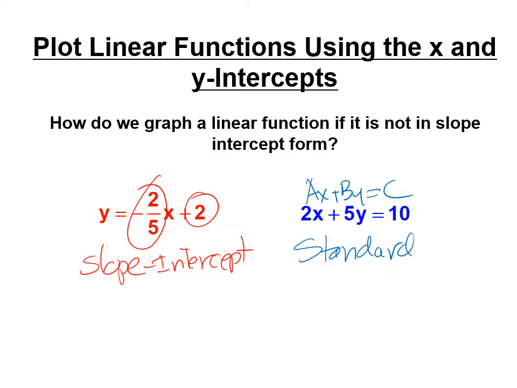Slope-intercept form is in the form y equals mx plus b. And notice the b in slope-intercept is a lowercase b. It's all uppercase in standard. These are all traditions. This is the way every teacher goes through this. We all agree on these 2 forms and the letters used. Okay.